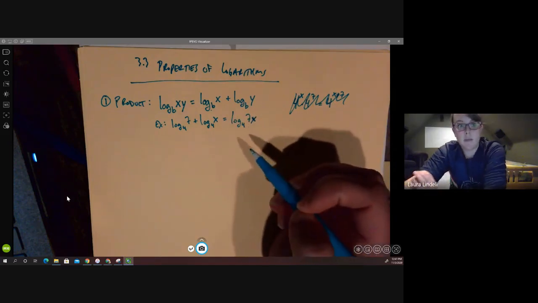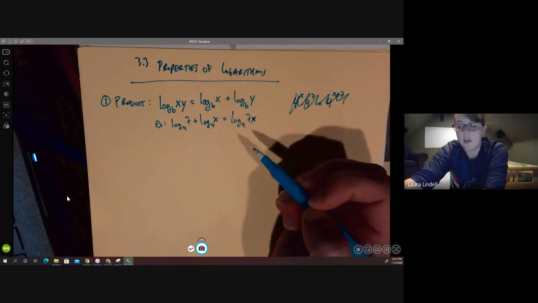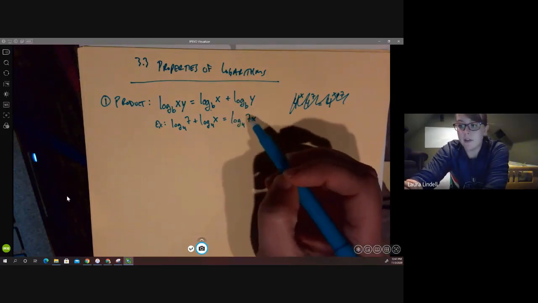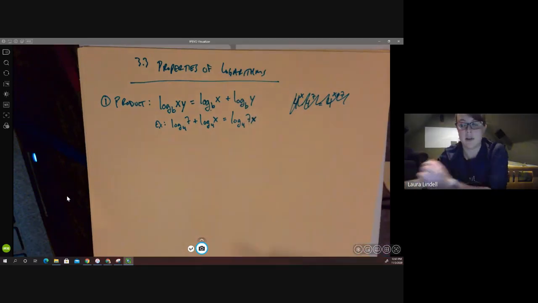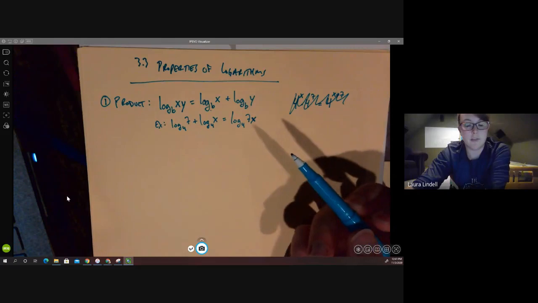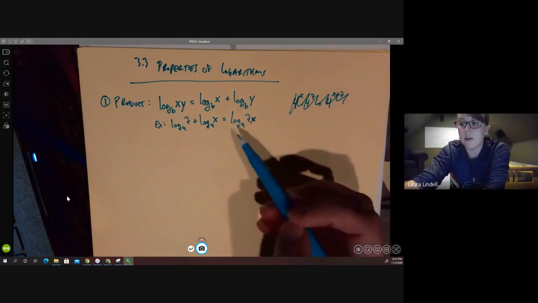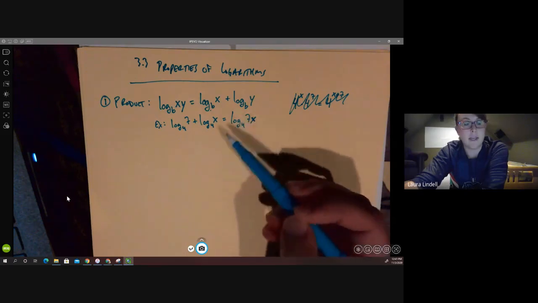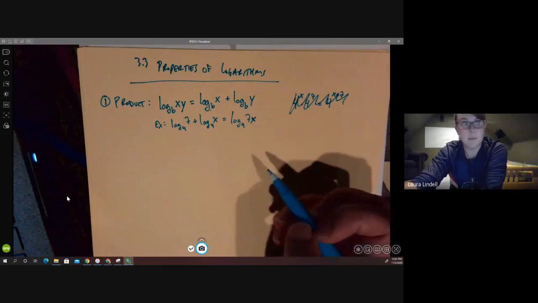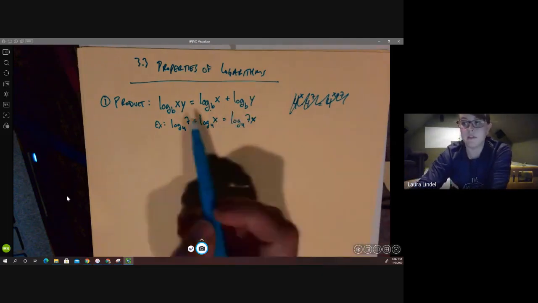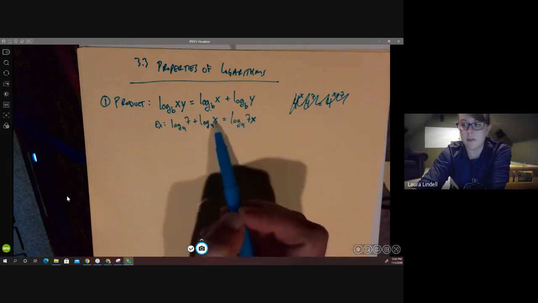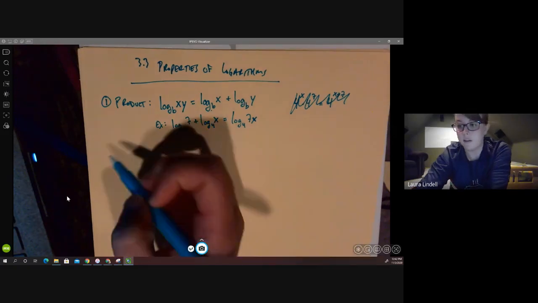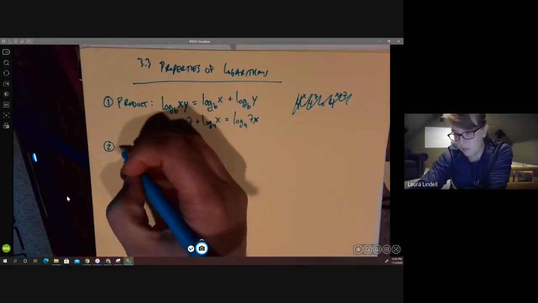And this is going to help us when we come to start solving logarithmic equations in 3.4, because then if you can combine them into one log on one side and something else on the other side, you can get rid of the log by putting a 4 underneath both sides in the base and canceling out the log base 4. But that's something we'll get to later. First, the only thing we need to know right now is the product property that says you can combine these into multiplication.